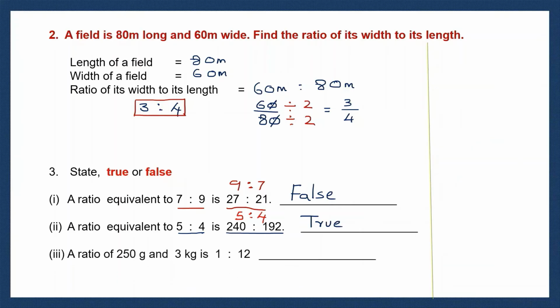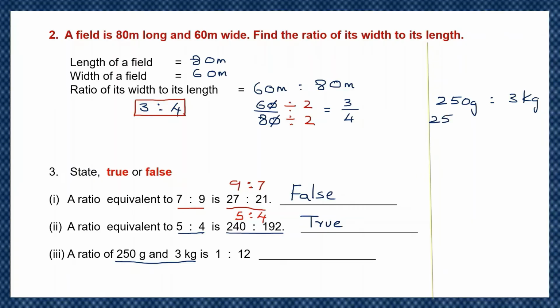Third statement is a ratio of 250 grams and 3 kilograms is 1:12. Let's see if that statement is true. So first let's take 250 grams is to 3 kilograms. As you can see, the units are different. Let's get them to the same unit.